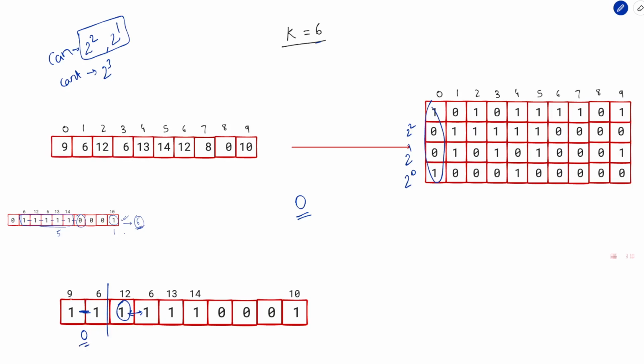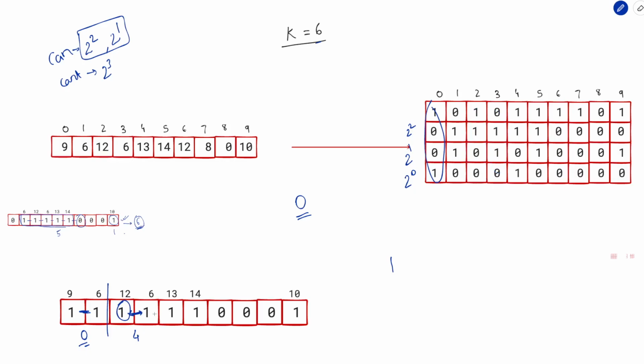So you found one 0, in one operation I have made this thing 0, that's fine, good. Now let's start with 12. In one operation, if you do 12 and 6, the only bit common is this 4th one, so you will get 4.